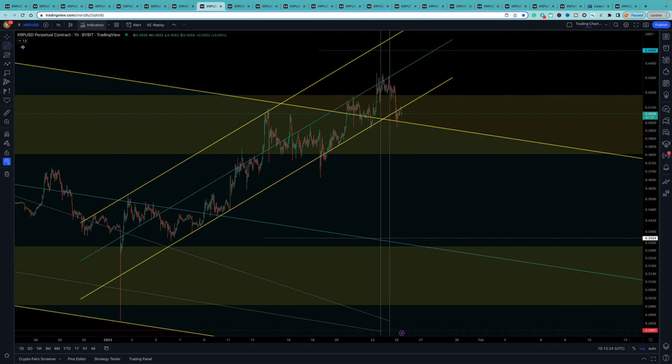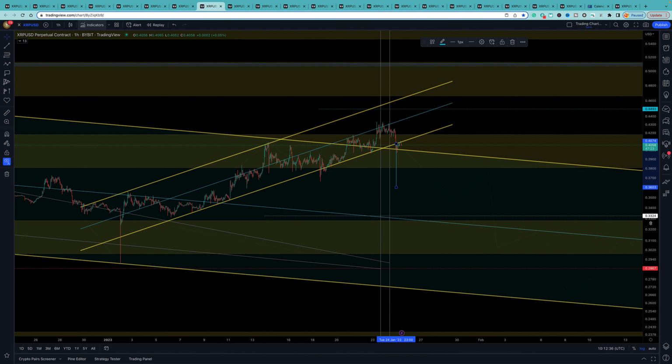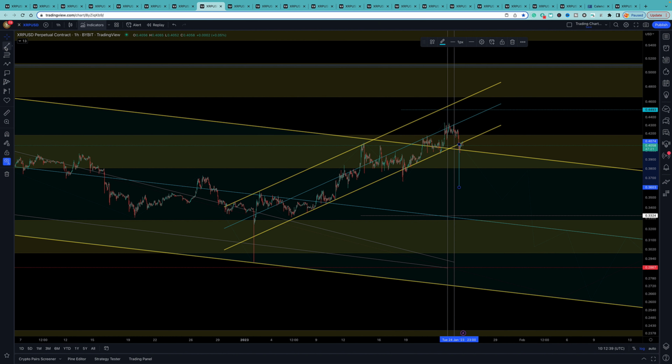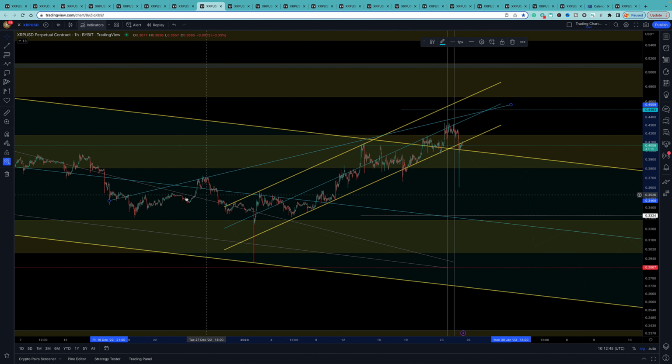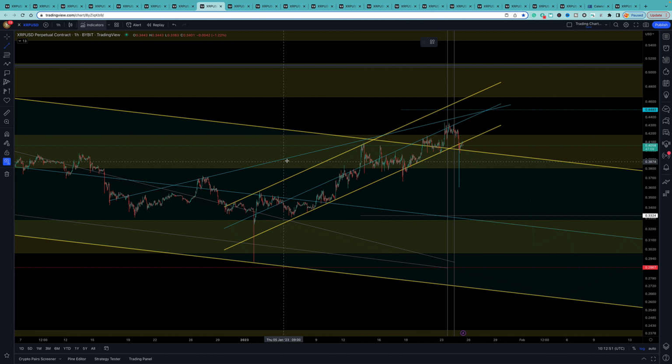So there's a target here. There's an initial target I have of very simply 36. Now also there's a potential wedge here, like this, and this would set up a bigger target.